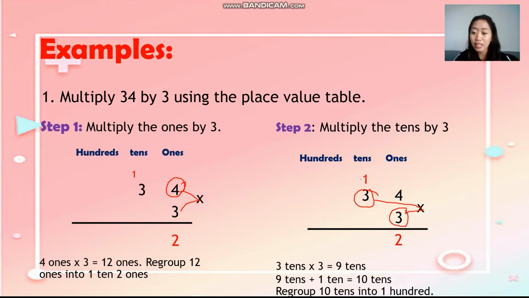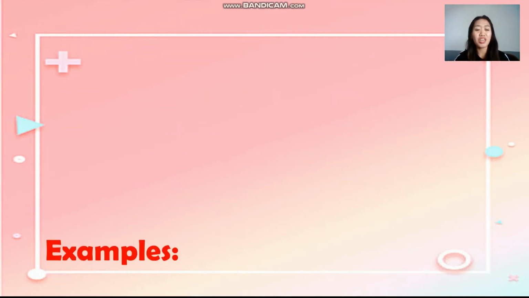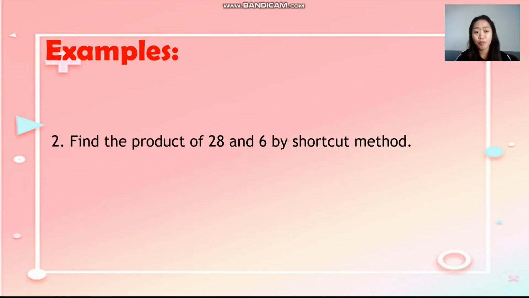So 9 plus 1 equals 10. We write a 0 in the tens place and 1 in the hundreds place. So 34 times 3 equals 102. Okay, very good.